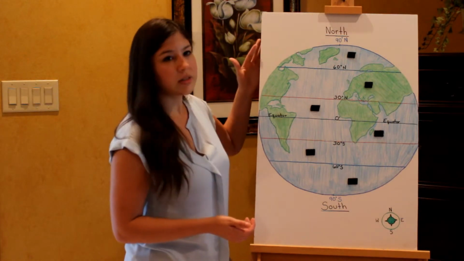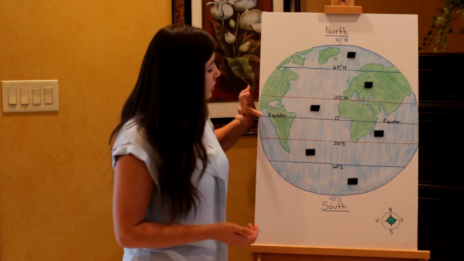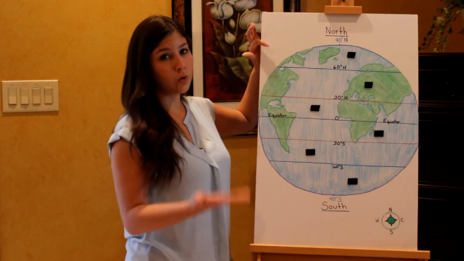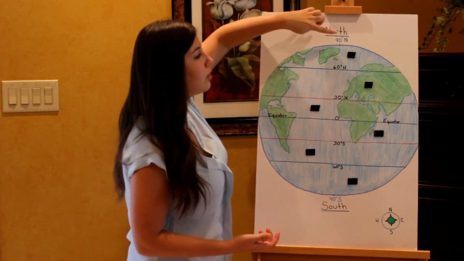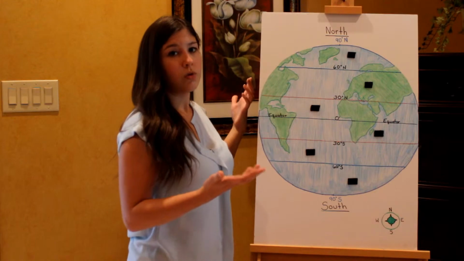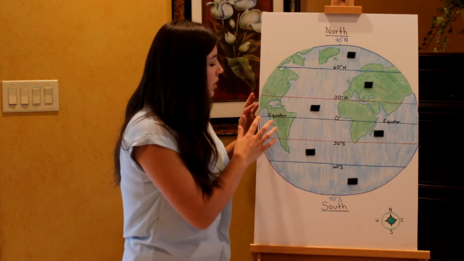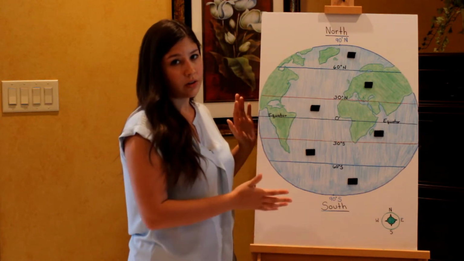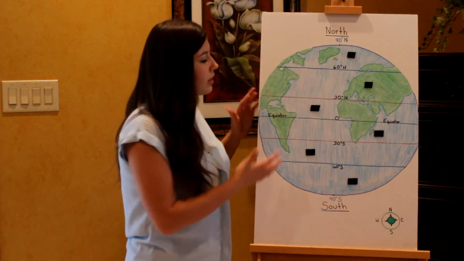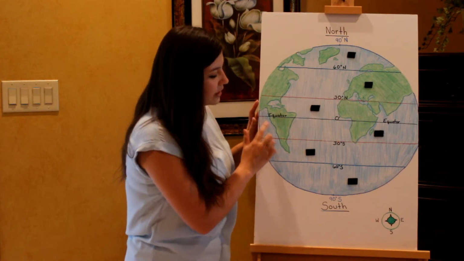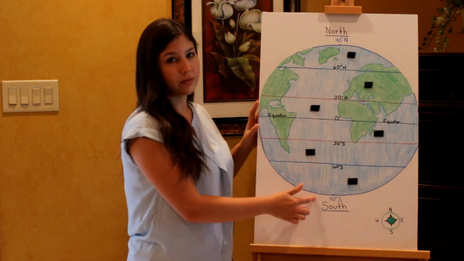In the northern hemisphere, we have 0 degrees to 90 degrees north, and the N is what lets you know whether the latitude is on the north or south side. On the bottom half of the Earth, we have the southern hemisphere. It also runs from 0 degrees to 90 degrees south.